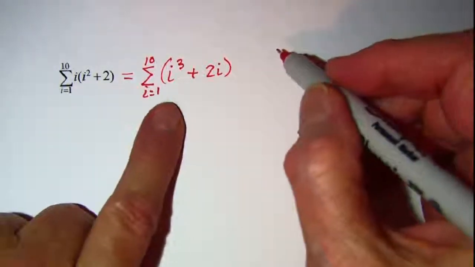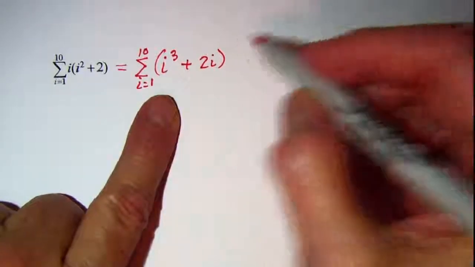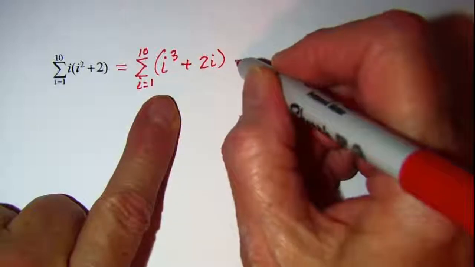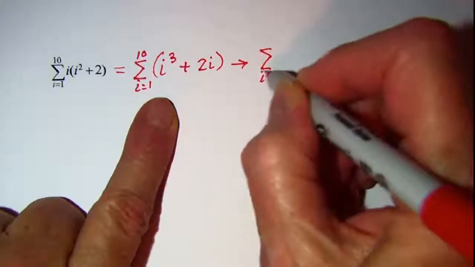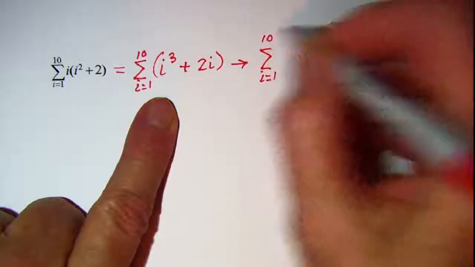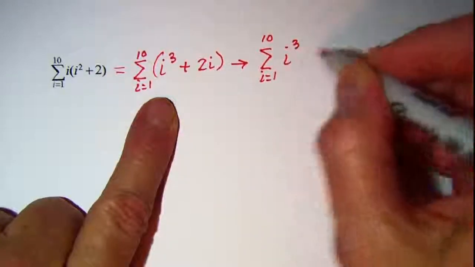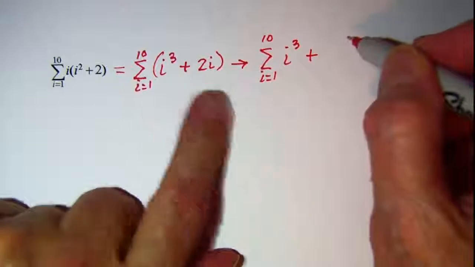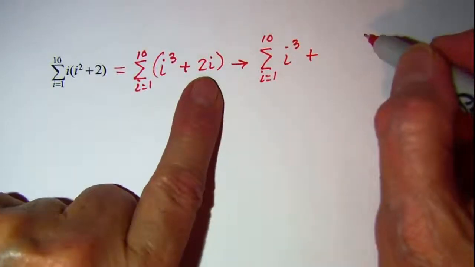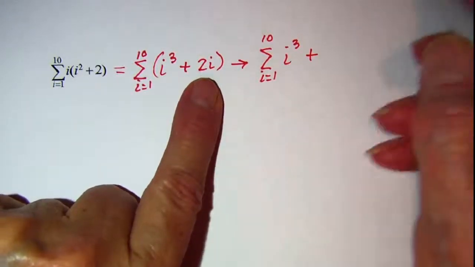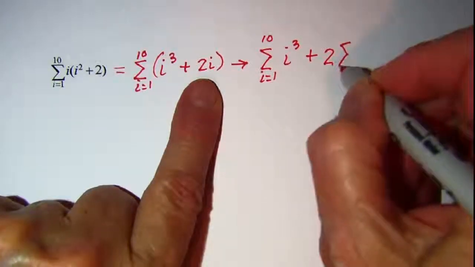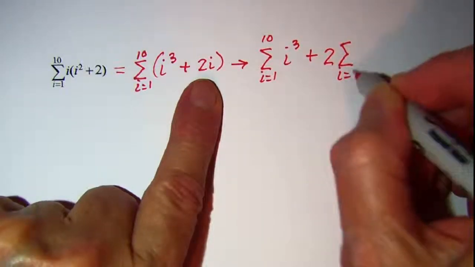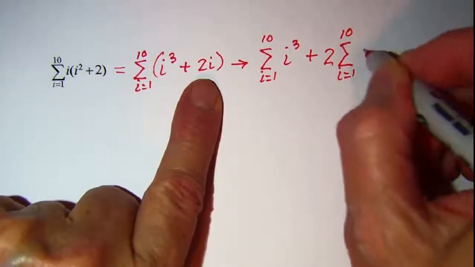So now I can split this up into 2. So that's the summation as i goes from 1 to 10 of i cubed plus, and I'm going to go ahead and pull my 2 out in front of my summation at the same time. So I have 2 times the summation as i goes from 1 to 10 of i.